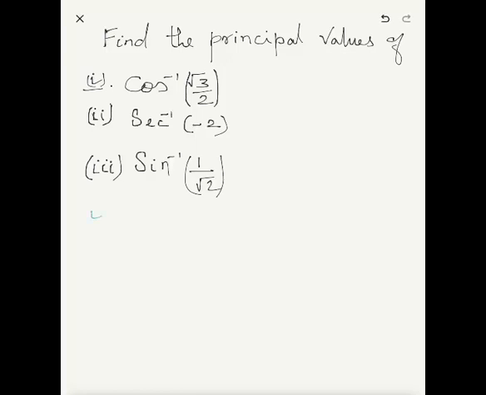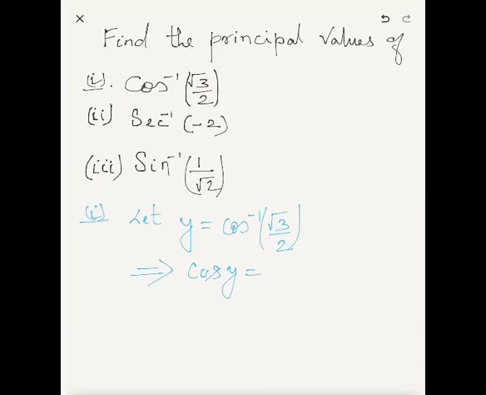The first one, I am solving the first one. Write it down. Let y equals cos inverse root 3 by 2. So when we take cos both sides, we will get cos y equals what?